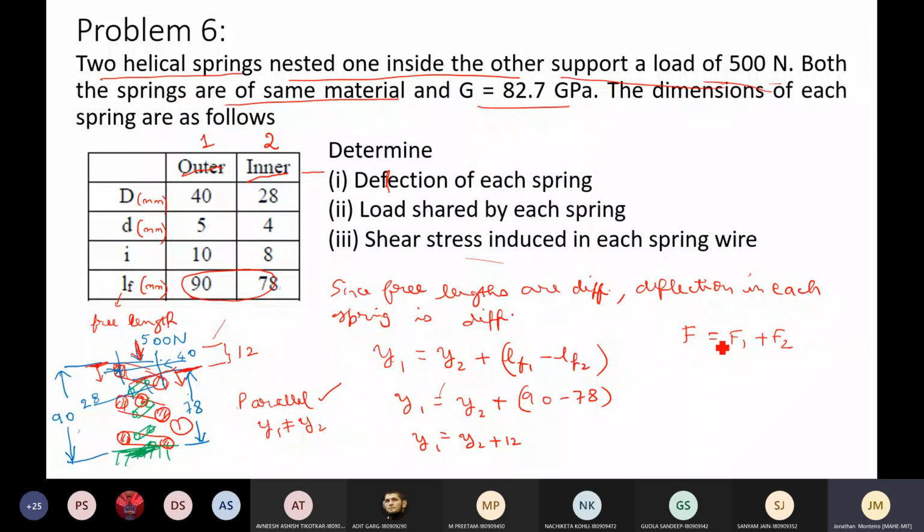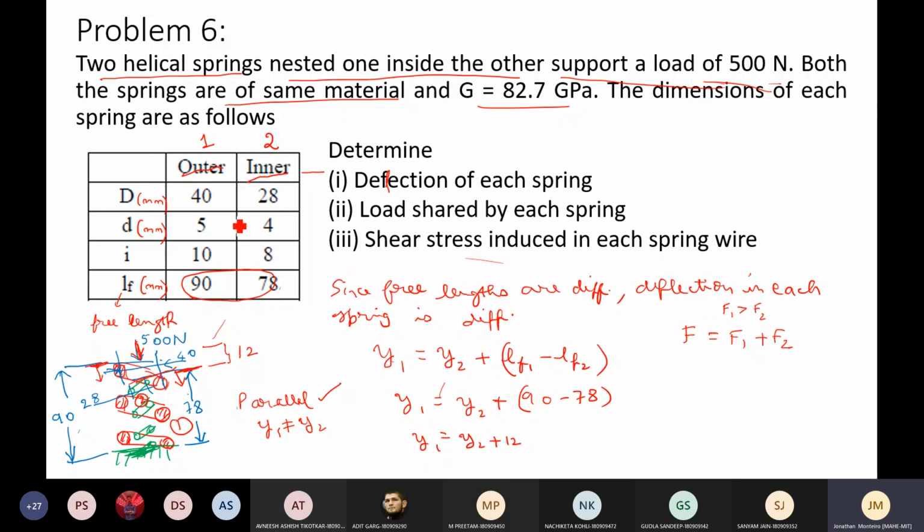Okay, next, what happens to the load? Load is obviously shared. We are dealing with parallel spring combination, so F is equal to F1 plus F2, and we can immediately understand that, though calculation is yet to be done, in this particular case F1 is greater than F2, correct?